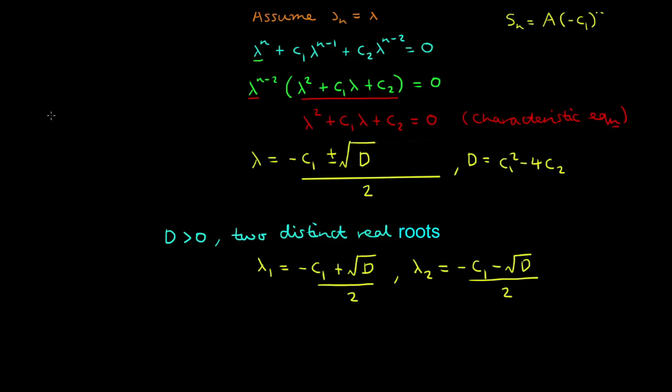And recalling that our assumed solution was Sn is lambda to the n, and we had a second order recurrence relation, which means we require 2 initial conditions. So our solution Sn is a superposition of 2 solutions of this form. So it's a constant by lambda 1 to the n plus another constant by lambda 2 to the n.